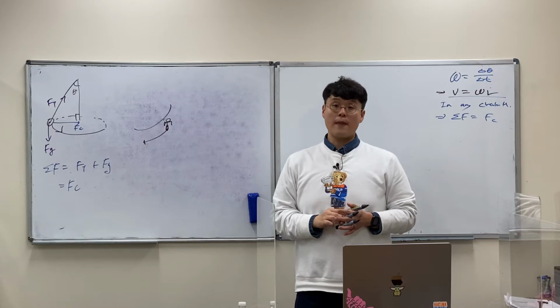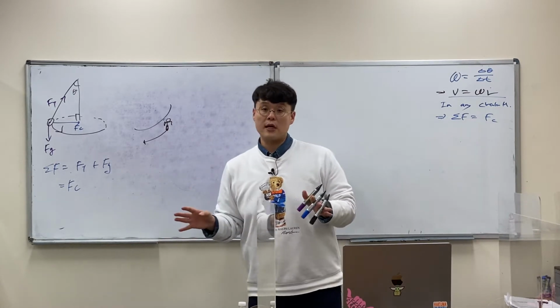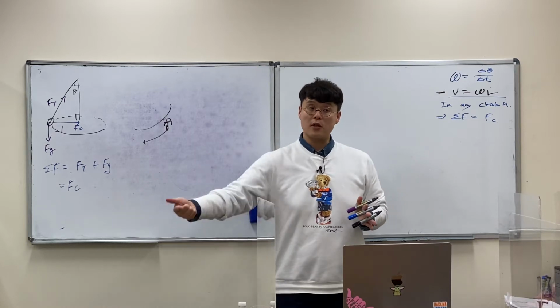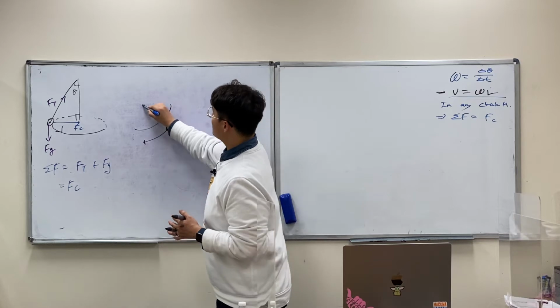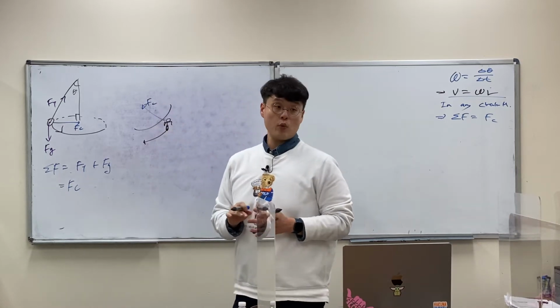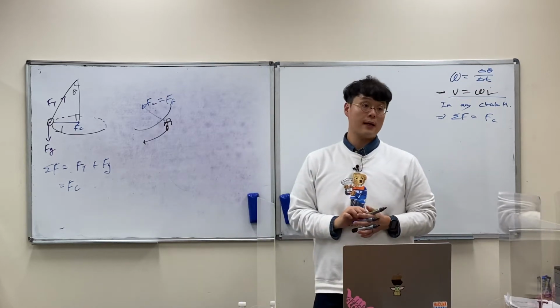We learned that on a plain road, for example in the roundabout, when the motorcyclist or the driver is turning left or right, there will be a centripetal force applied to the center like this, which is equivalent to the friction force, something we learned as well.